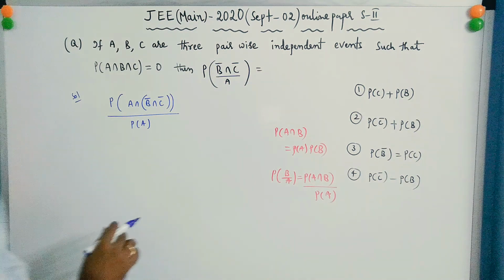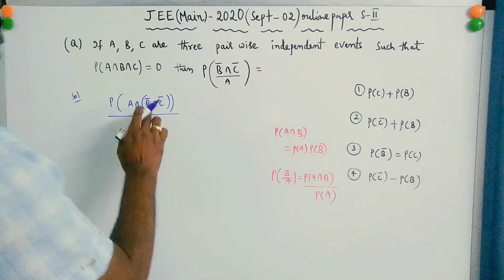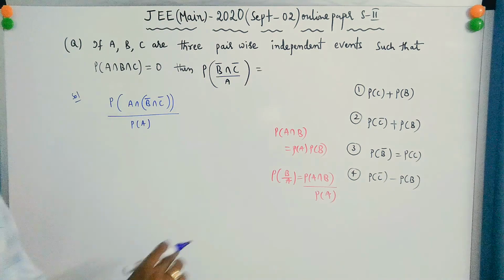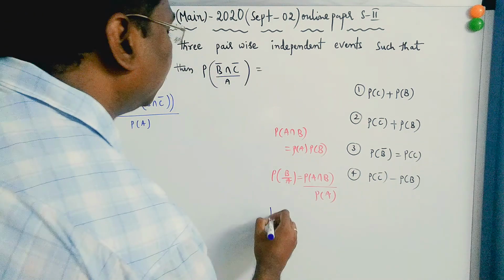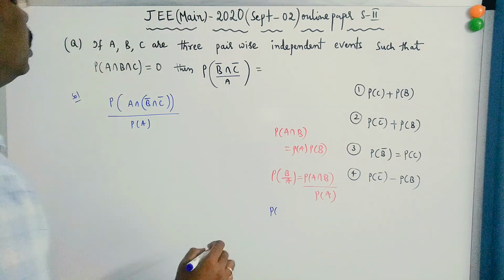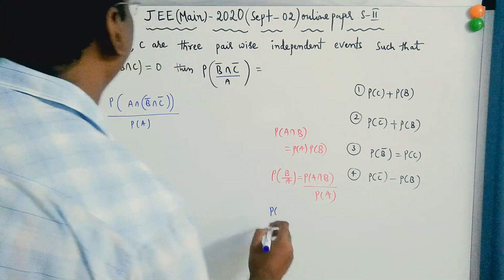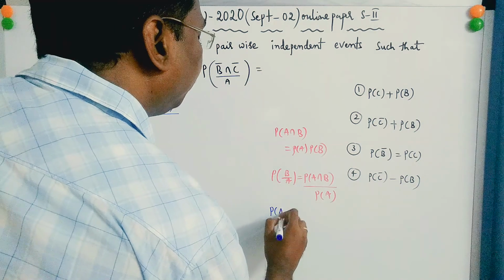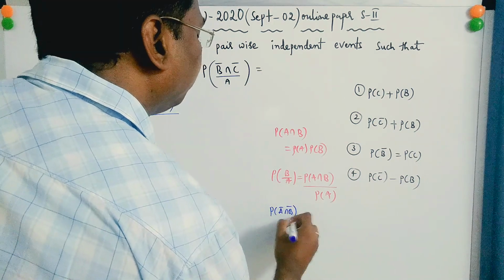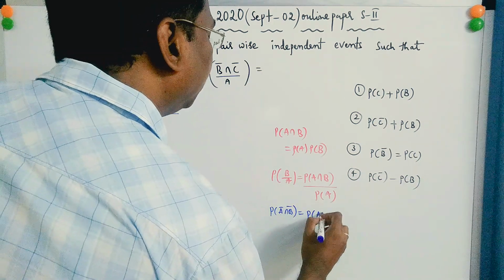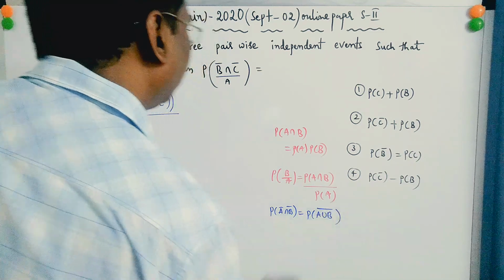Okay, now A ∩ B̄ ∩ C̄. Okay, now P(A̅ ∩ B̅) is equal to P((A ∪ B) whole bar).